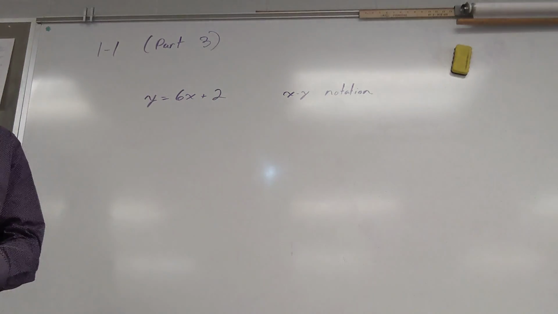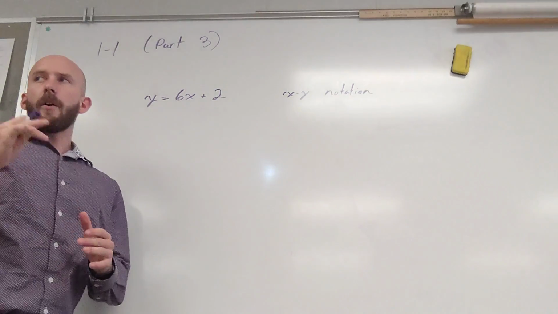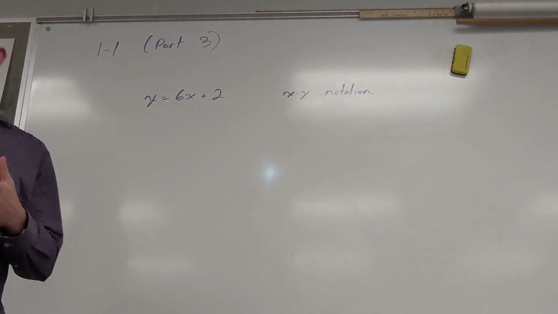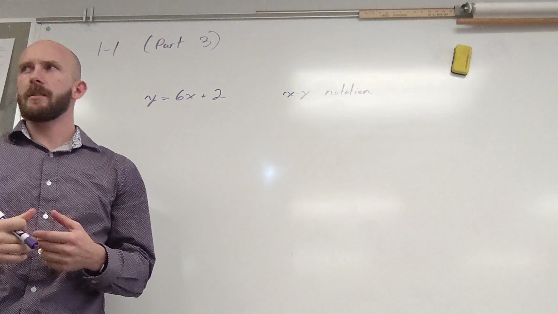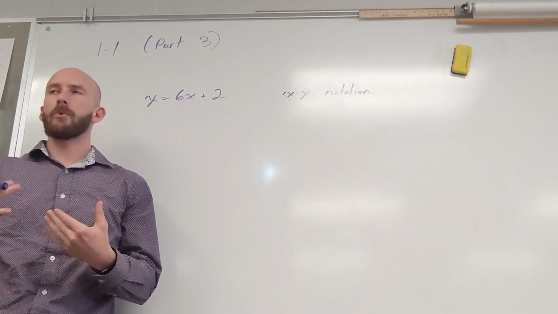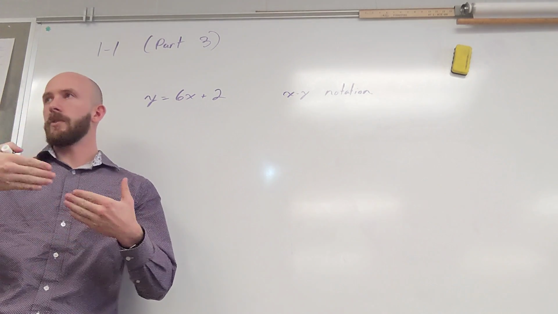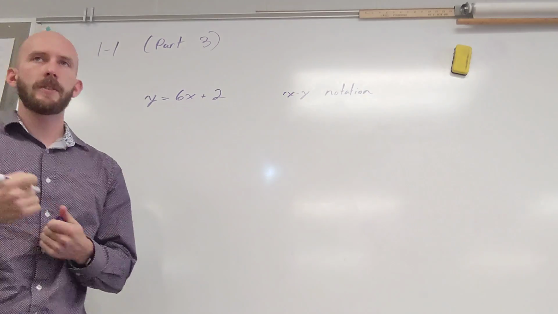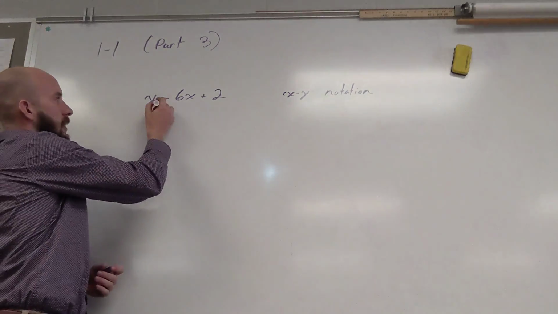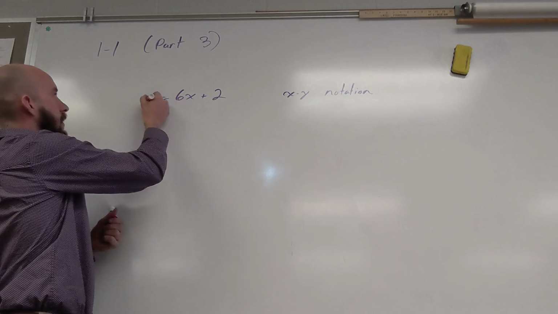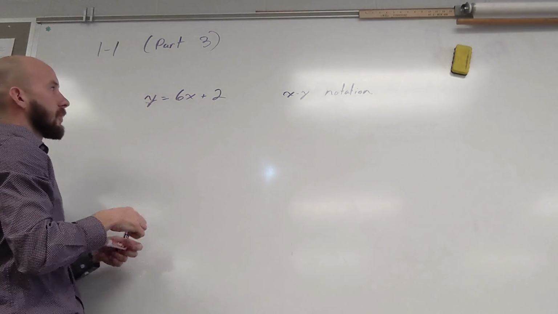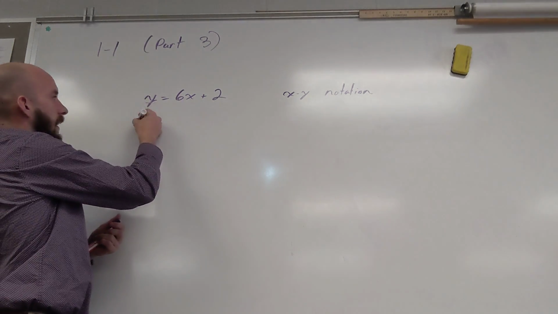Then function notation does the same thing, but it's a little bit more specific and detailed, which is really useful when you have multiple different inputs and outputs. Function notation replaces the y, the output side of our function, with f of x.